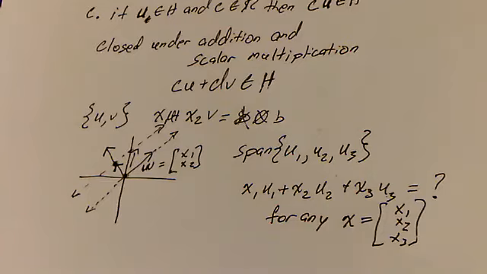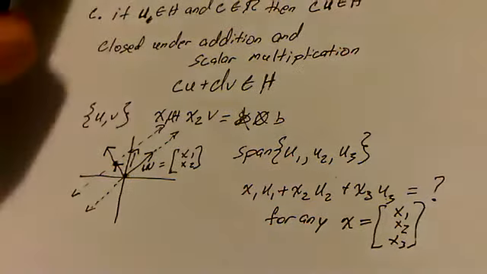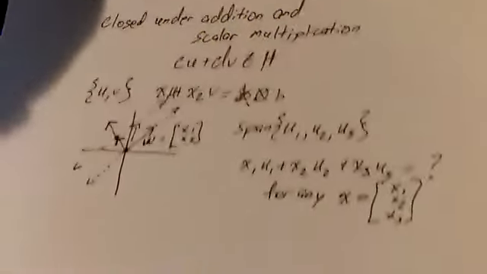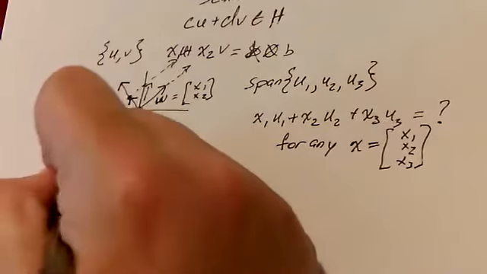Now, we're going to talk about 2 special types of subspaces in particular. Okay, the first is called the column space.